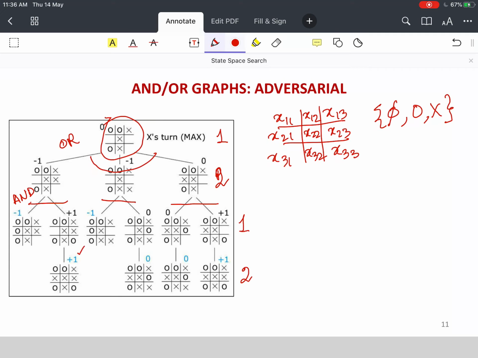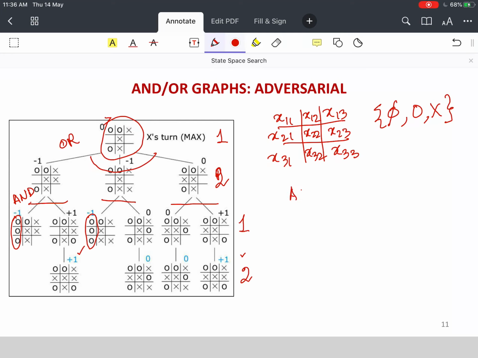Again, when player 1 plays, this is an OR node, this is an OR node, and wherever there are terminals, which means that this is a goal state, this is a goal state. Similarly, these two are goal states because in these two states somebody wins. The player who has scored 0, 0, 0 actually wins.